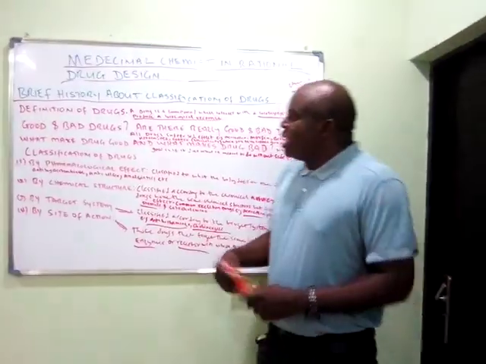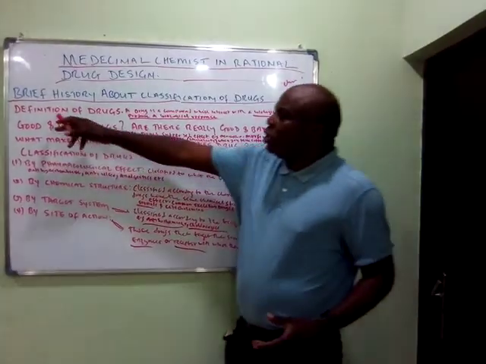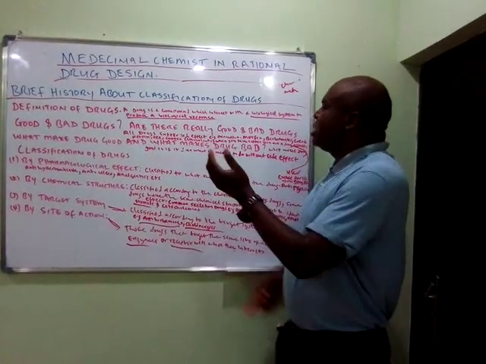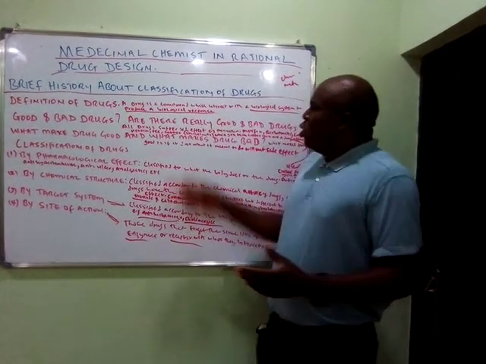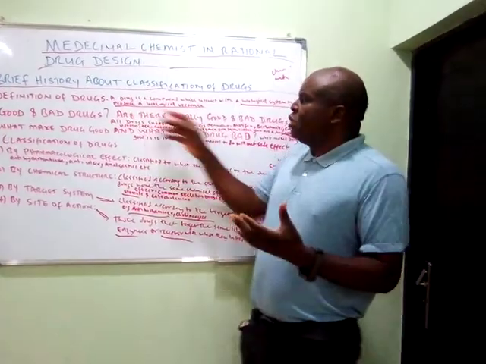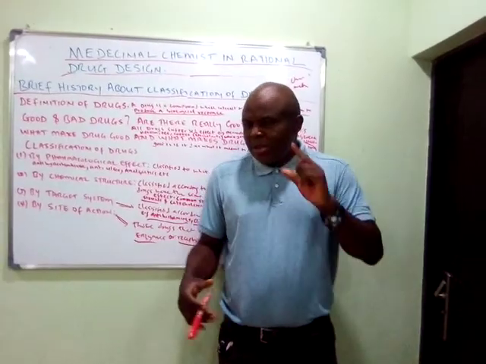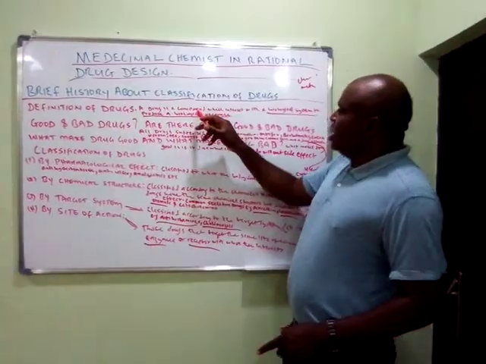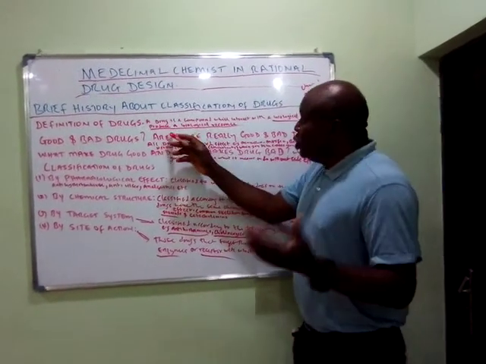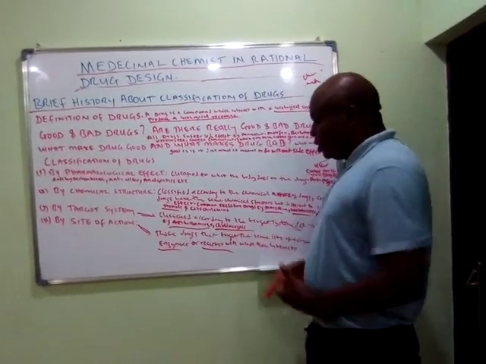So we start first of all by defining what a drug is. A drug is a compound, like I defined before, which interacts with a biological system to produce a biological response. Remember, a drug is a compound which interacts with a biological system to produce a biological response.